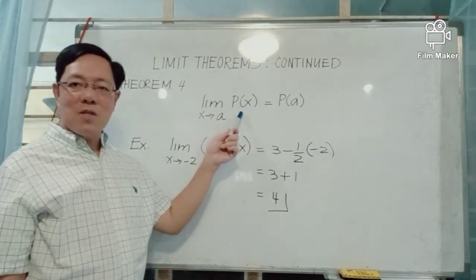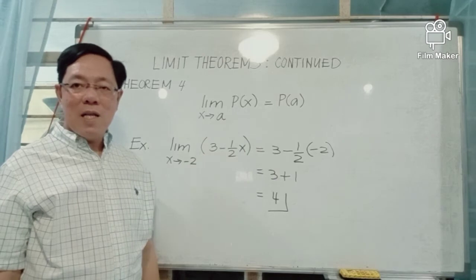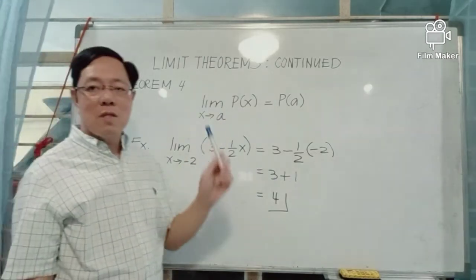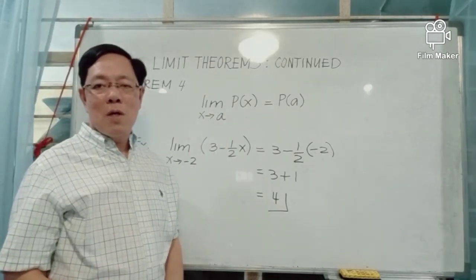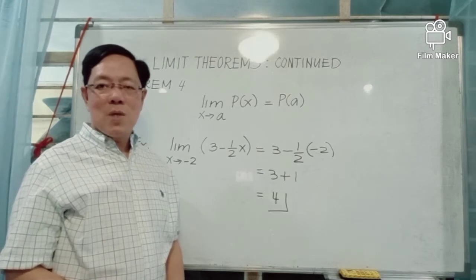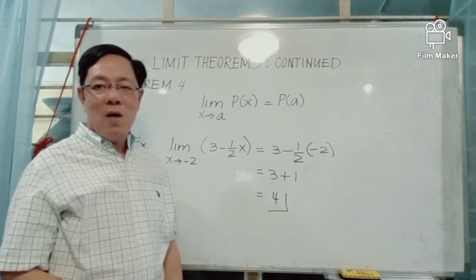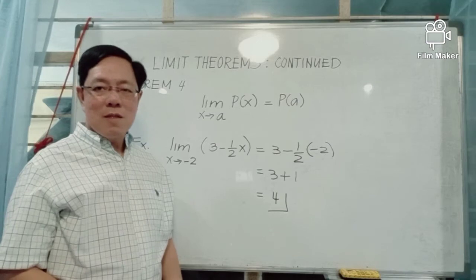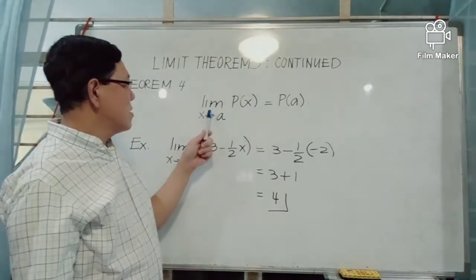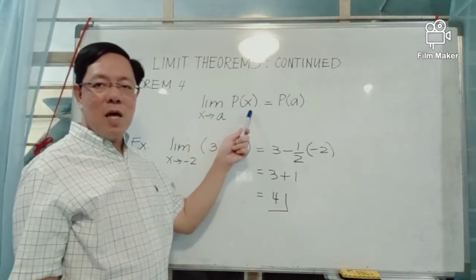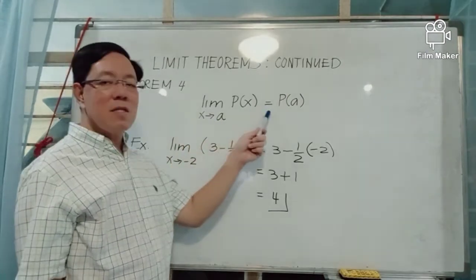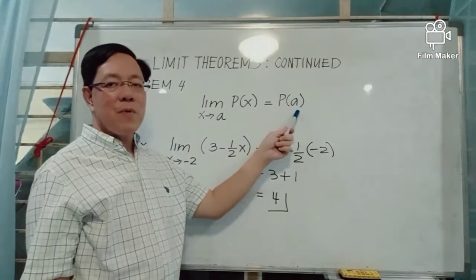The polynomial function can be a constant, a linear function, a quadratic function, a cubic function, or a function in variable x with the highest exponent of more than 3. So the limit of a polynomial function p of x as x approaches a is equal to p of a.